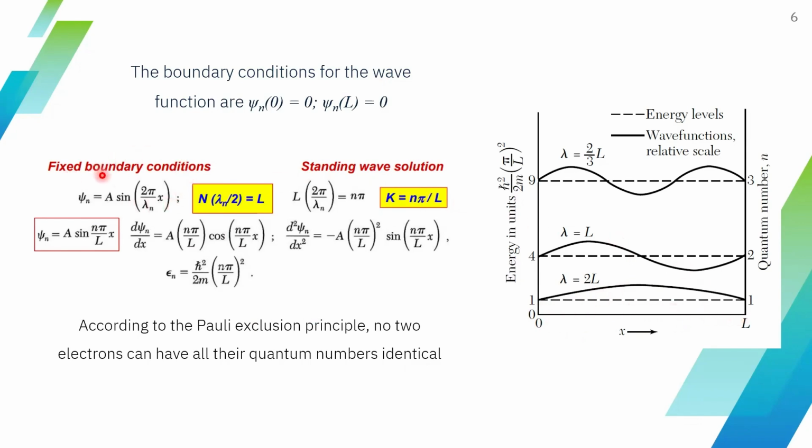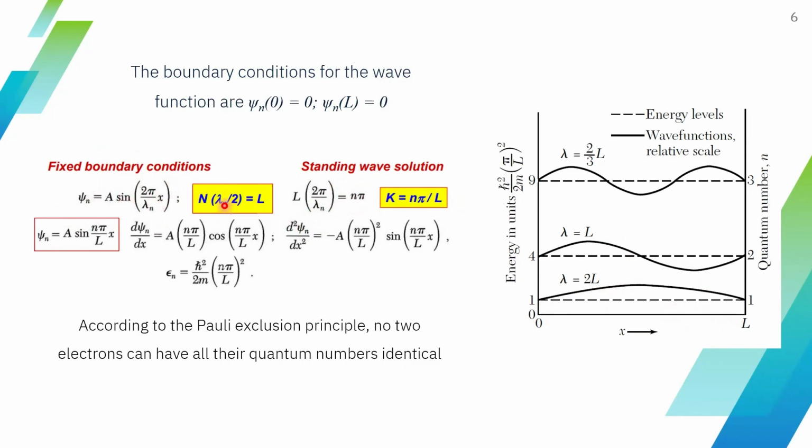We are making it a fixed boundary condition with psi n equal to a sine of 2 pi by lambda n times x, which is the standing wave solution. At x equal to L, 2 pi L by lambda n is equal to n pi.